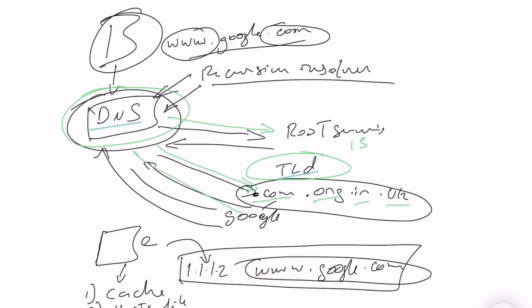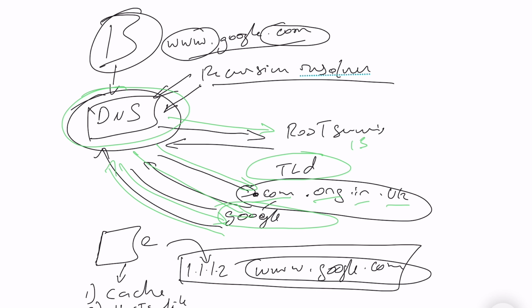Then they will know the actual domain DNS servers, and then they will know the actual record, www or download.google.com, text.google.com, abc.google.com, that will be present on the google.com authoritative DNS servers.